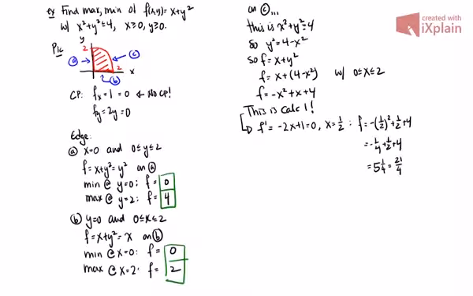Then I test the endpoints. So we check f at 0, we get 4. Take f at 2, we get negative 2 squared plus 2 plus 4. This is negative 4 plus 2 plus 4, which is 2.